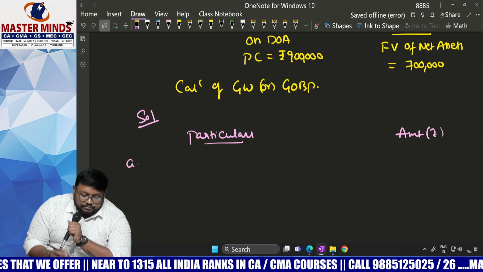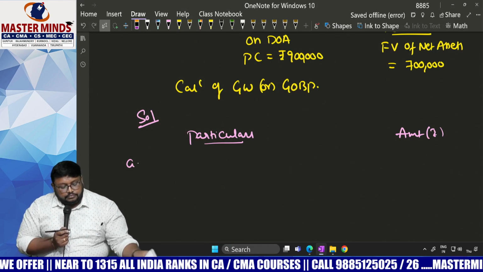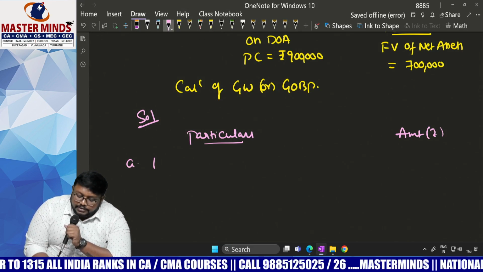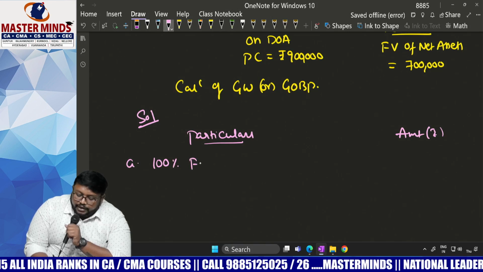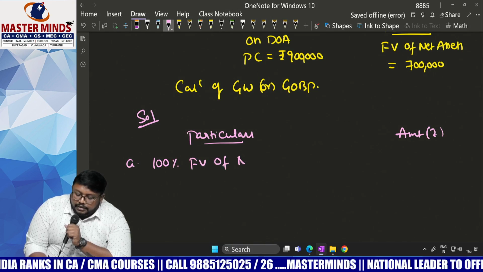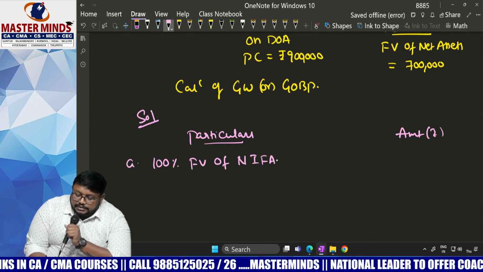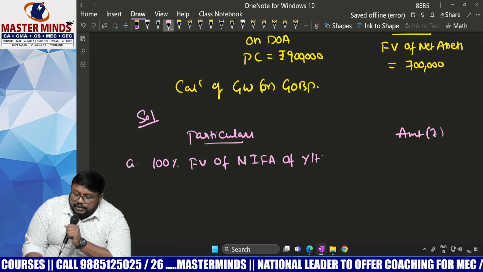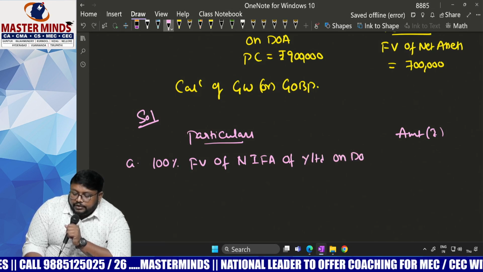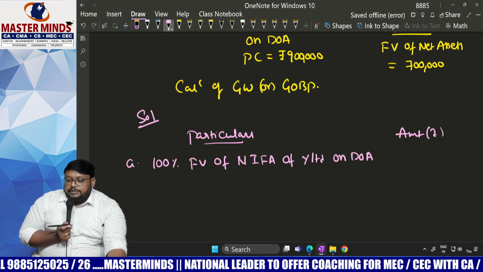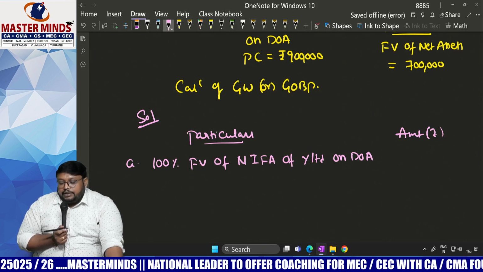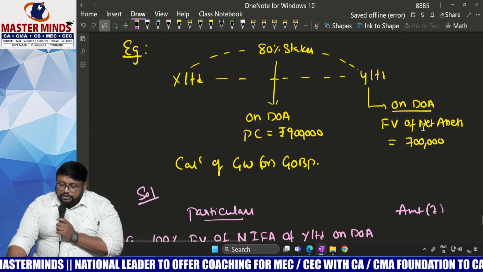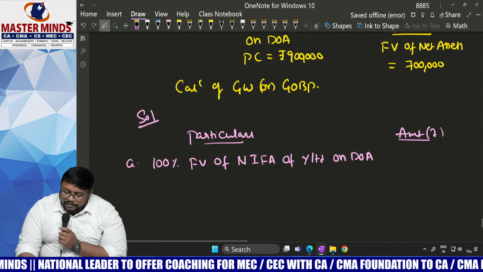First one: 100% fair value of net identifiable assets of Y Limited on date of acquisition. So Y Limited fair value of net assets how much? 7 lakhs.